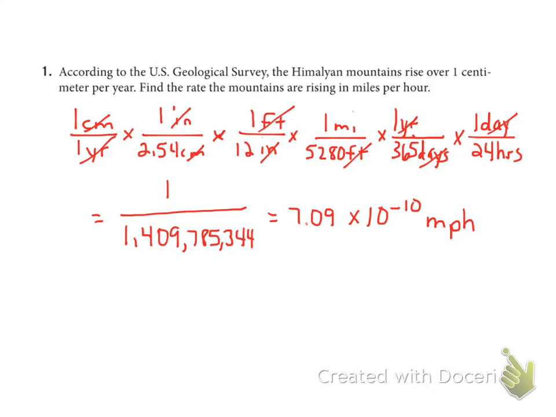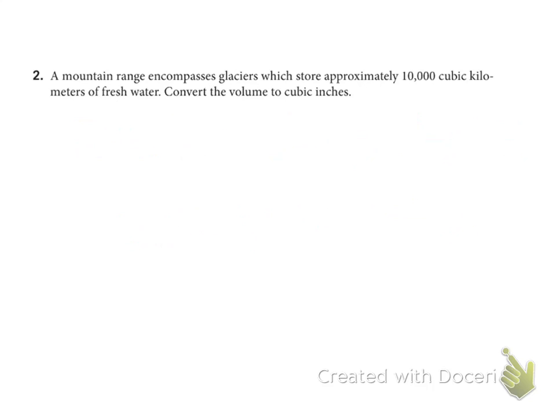So we're actually going to be working with scientific notation today as well as these conversions. Number 2. A mountain range encompasses glaciers which store approximately 10,000 cubic kilometers of fresh water. Convert the volume to cubic inches.